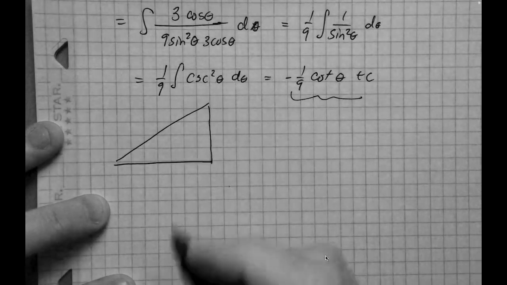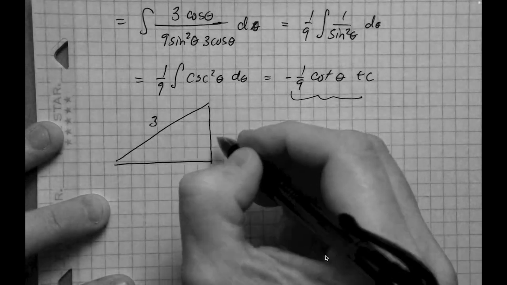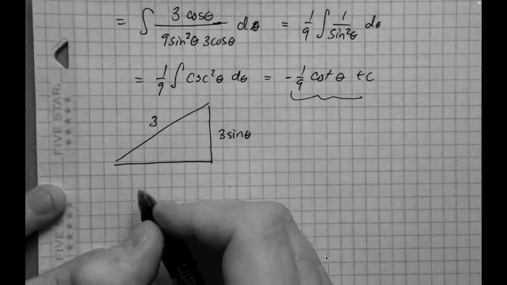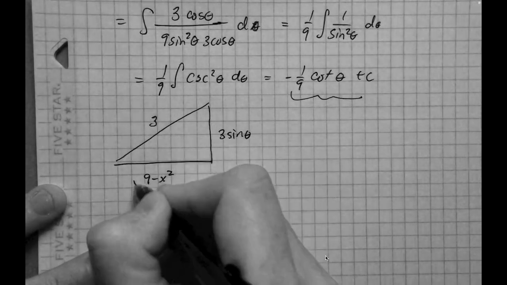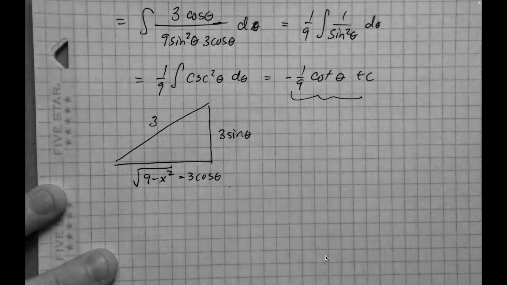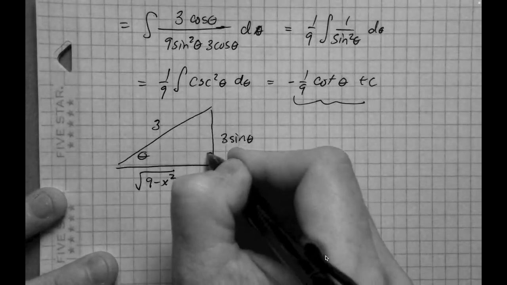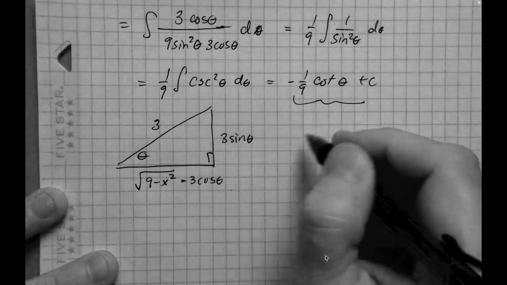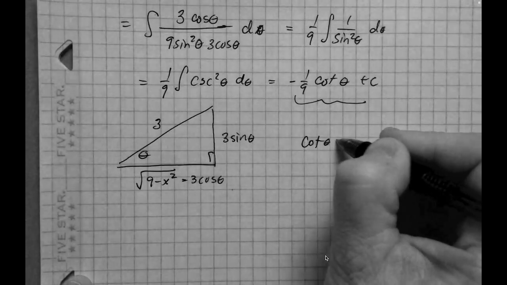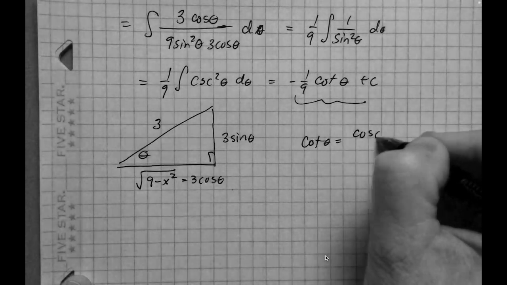We had this triangle where we had 3, and then we had 3 sine theta, and then we had the square root of 9 minus x squared equal to 3 cos theta. So remember this. Just off to the side, recall that cotangent of theta is equal to cos theta over sine theta.